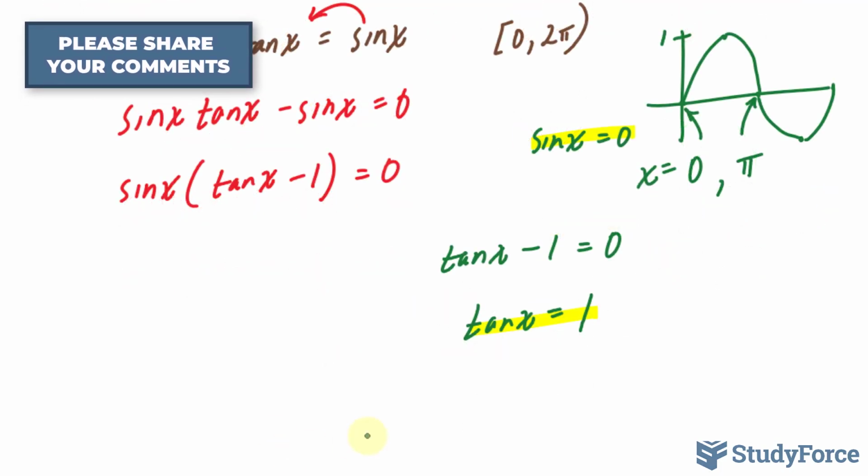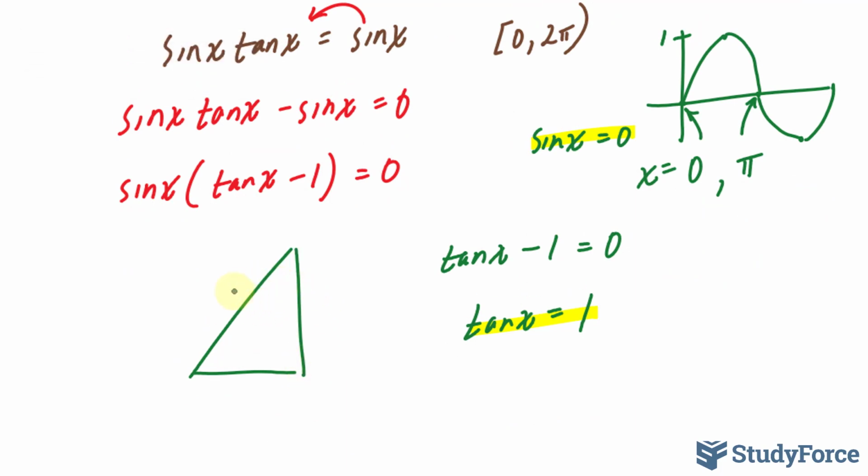To figure this one out, of course, you can use a special triangle, and the one that I will use is the one that relates the square root of 2, 1, and 1 for the angles pi over 4 and pi over 4. Tangent is a measure of opposite over adjacent. You can choose any of these for that. Opposite over adjacent, 1 over 1.